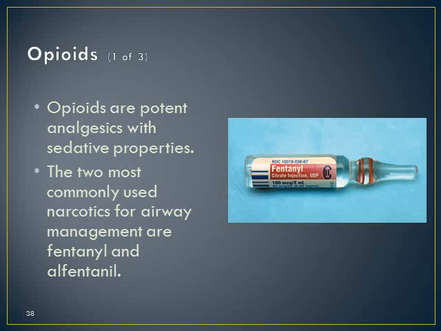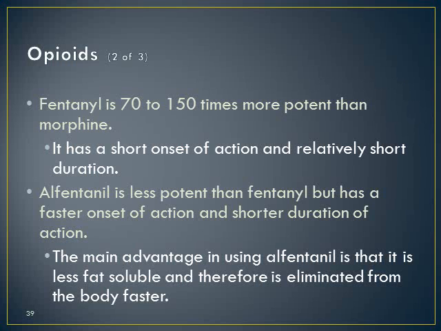So opioids, potent analgesics with sedative properties. Fentanyl and sufentanil are both very common airway management drugs in the opioid classification. Fentanyl is 70 to 150 times more potent than morphine.